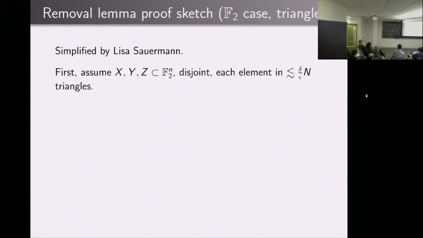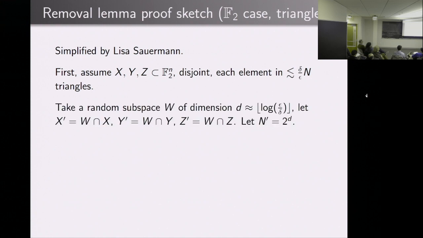So let's assume that our three sets are disjoint and that each point is in not much more than delta over epsilon times n triangles. So on average, we have delta n squared triangles and epsilon times n points, so on average, they're in delta over epsilon times n triangles. And let's assume that we don't have any points that are in much more.